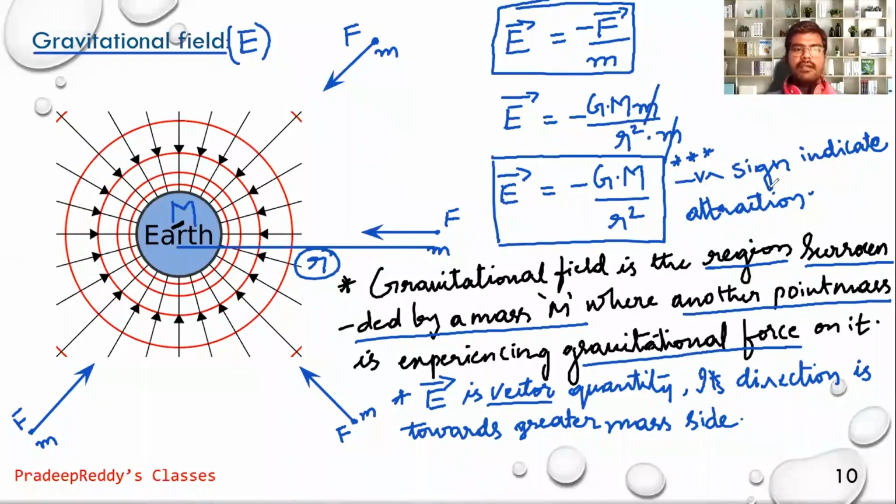It is towards the center of the larger mass. And if you are just writing the magnitude, you need not take this negative sign. Simply I can write E magnitude is equal to capital G capital M divided by r square. This is the magnitude of gravitational field.